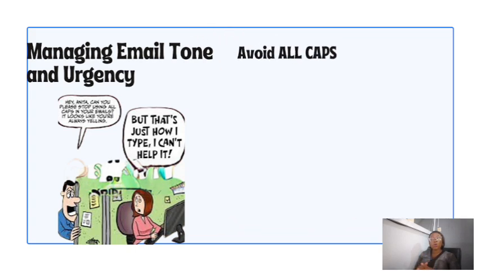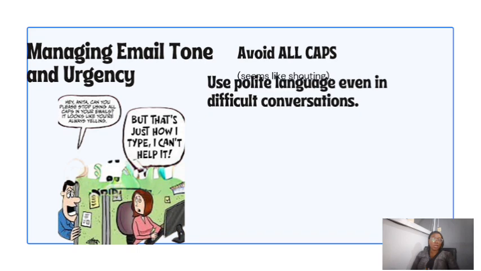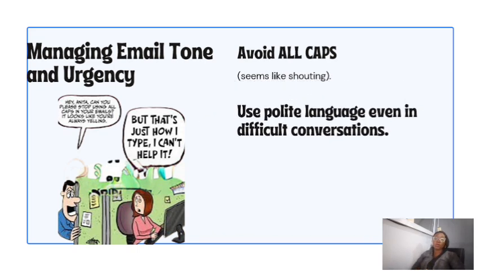Number one, avoid all caps. When you use all caps when writing emails, the recipient would look at you like you are screaming at them. So it is very important to avoid using all caps in your emails. Also, use polite language even when having difficult conversations. This is where ChatGPT can actually help you.